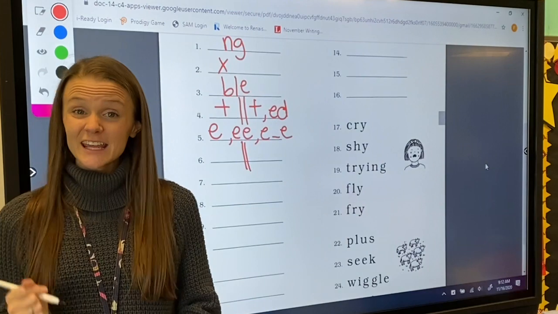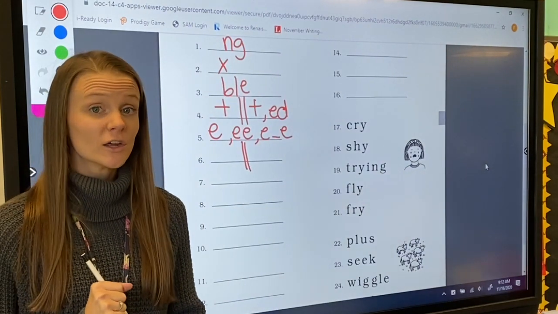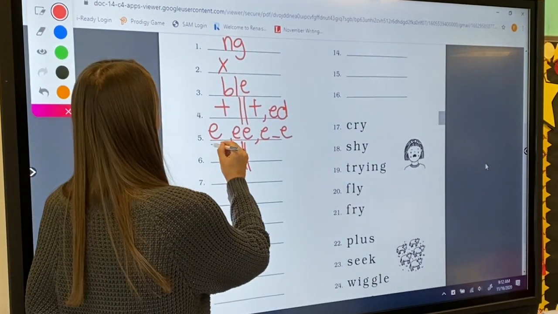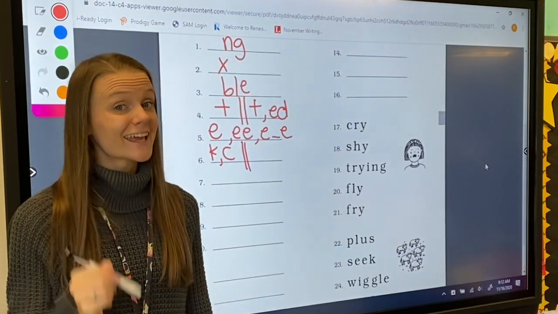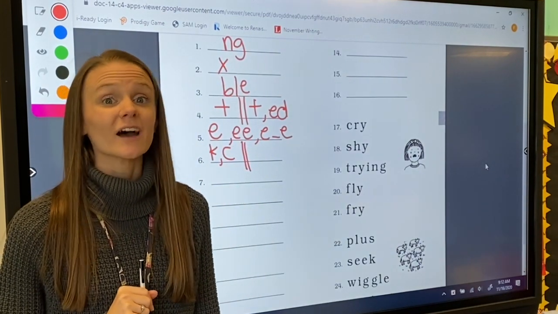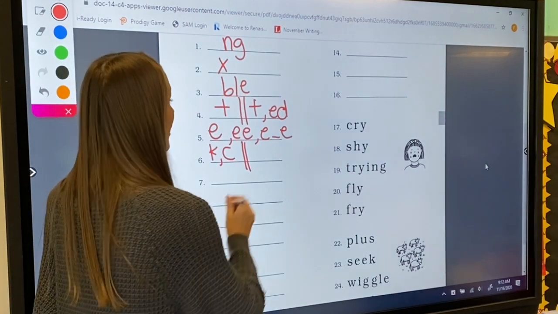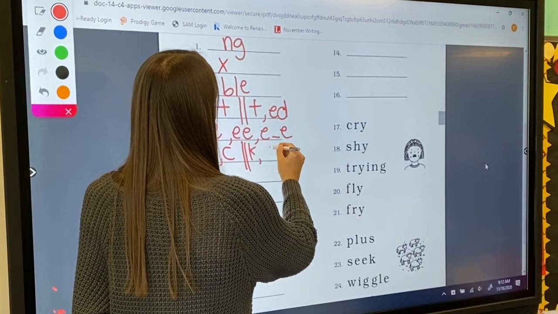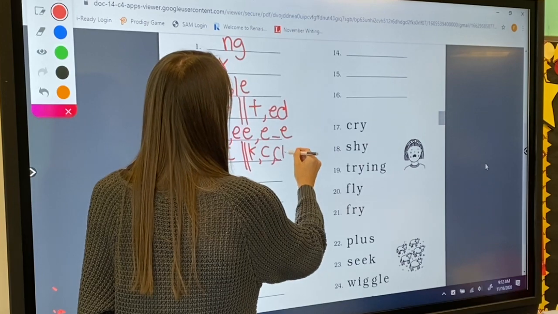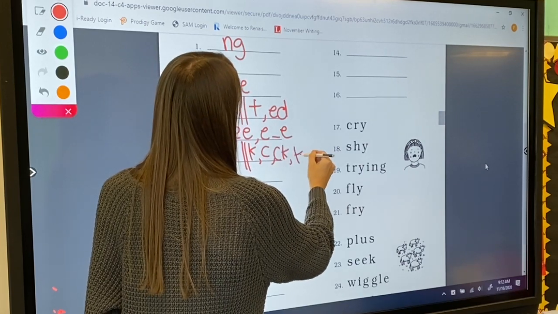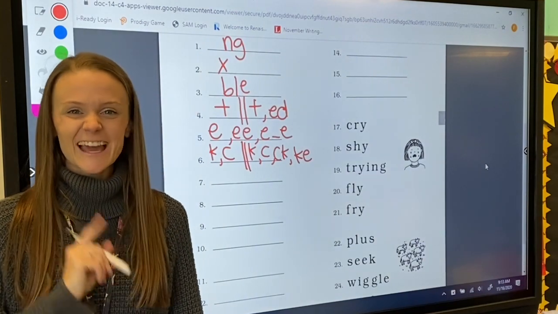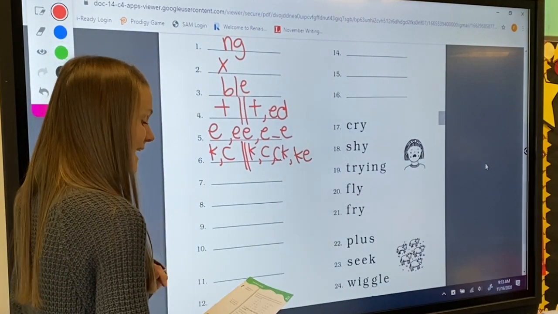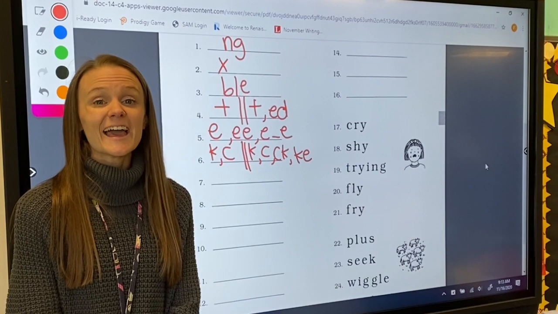At the beginning of a word, if we hear the K sound, it can be a K or a C. At the end of the word, if we hear the K sound, it can also be K, C, CK, or KE, if there's that sneaky E on the end.